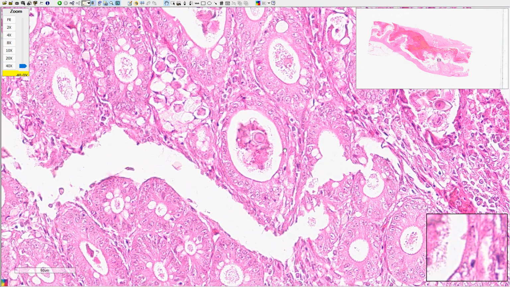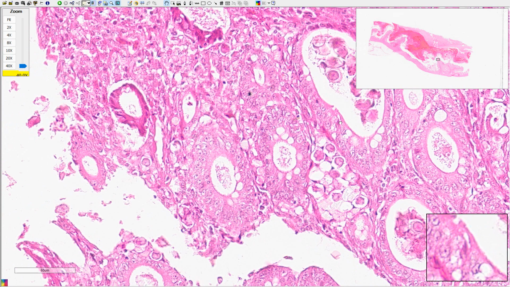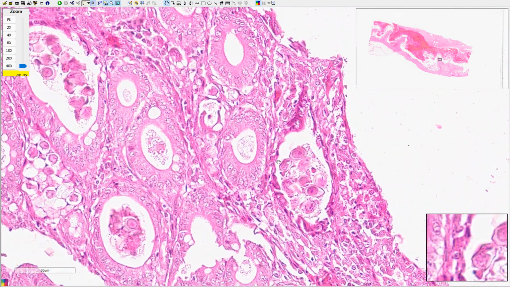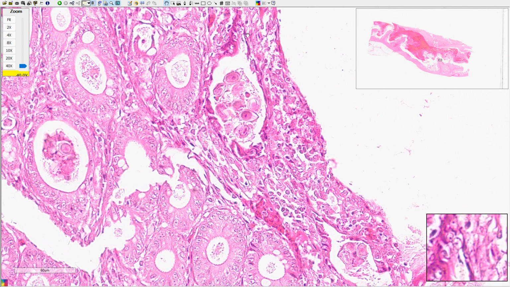But you can see also the crypts, in particular the lumen of the crypts, contain round structures like this. This is actually the oocyst of the coccidia. You can find them inside the lumen of the crypts, and also here inside the lumen of the crypts, and the crypts also undergo necrosis like this.